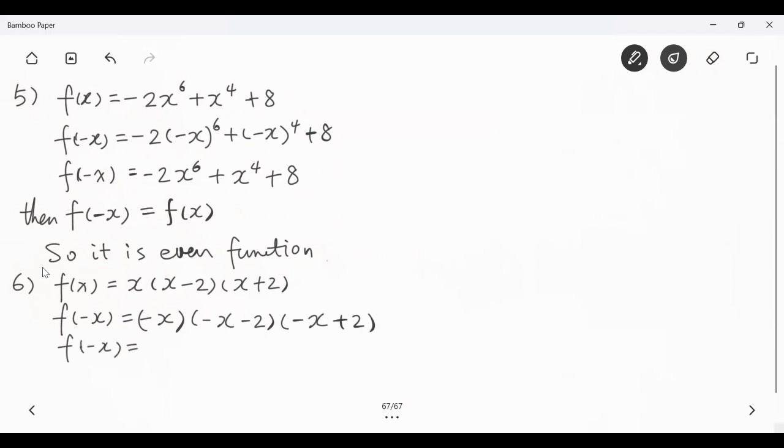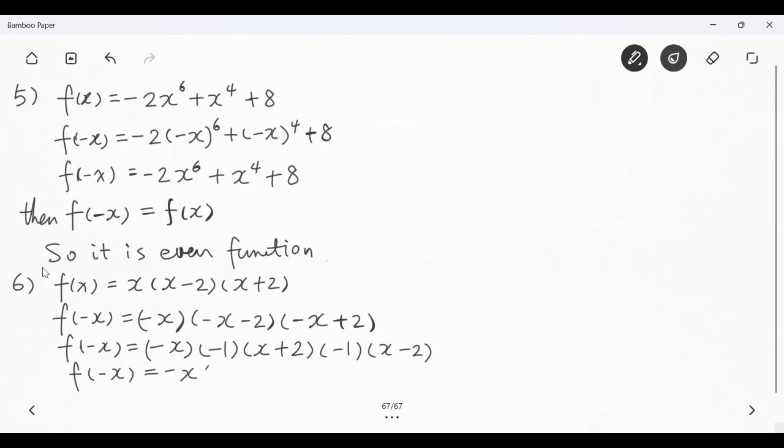It becomes negative x, and take the negative 1 out, so times (x plus 2), and the last term also take the negative 1 out, it becomes (x minus 2). We see how many negative 1s? 1, 2, 3, right? So 3 negatives is still negative.